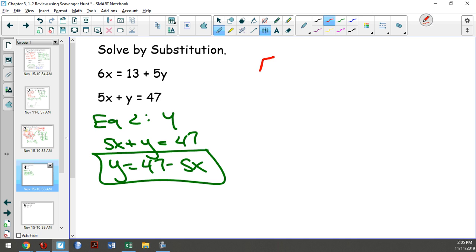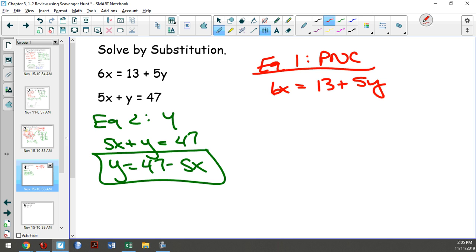So I'm going to take equation 1 and I'm going to plug and chug. Equation 1 is 6x equals 13 plus 5y. Every place I see y, I put that expression. So 6x equals 13 plus 5 parentheses 47 minus 5x.